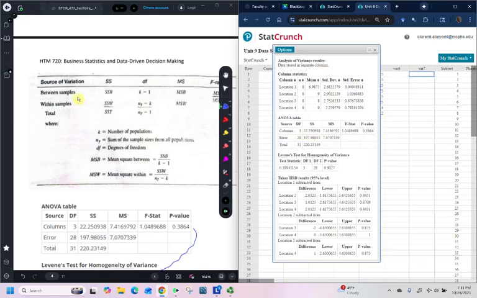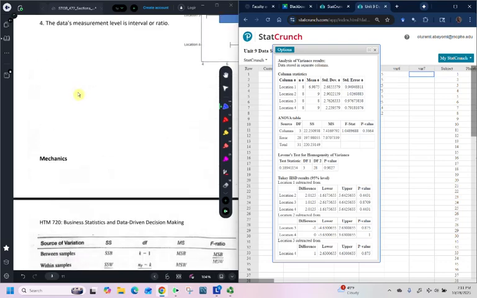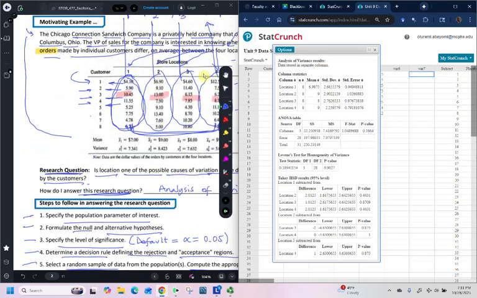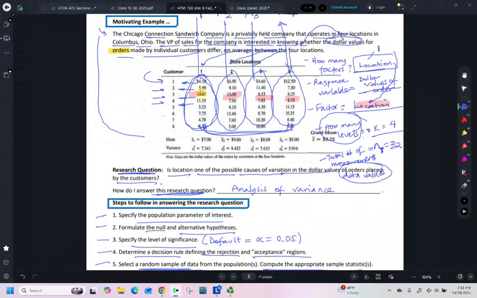The ANOVA table will look at the different sources of variation. If you go back to the data set, within the realm of each of those populations, there are variabilities. So within each group, there are differences in the data values. As an overall pooled set of values, there are also differences.